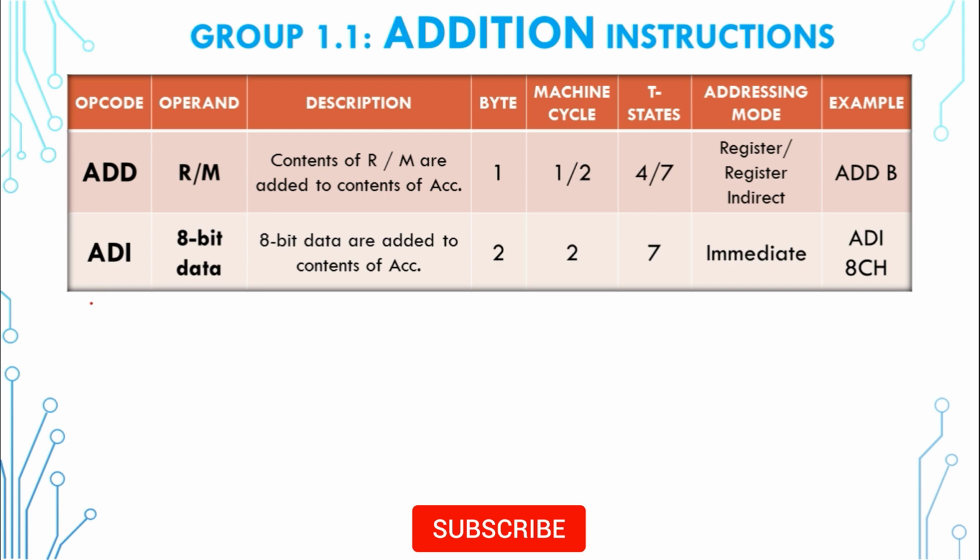Here I am assuming that the accumulator has the number 47 hex and register B has the number 56 hex. Our purpose is to add these two numbers. ADD B will add the register B contents into the accumulator and the result will be stored in the accumulator. To add the two numbers, these hexadecimal numbers will be converted into their binary equivalent.